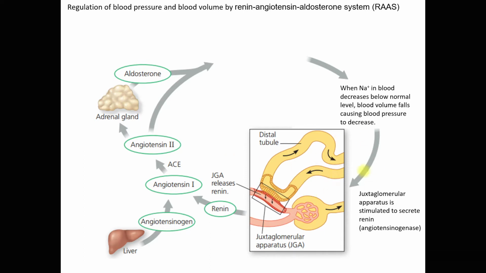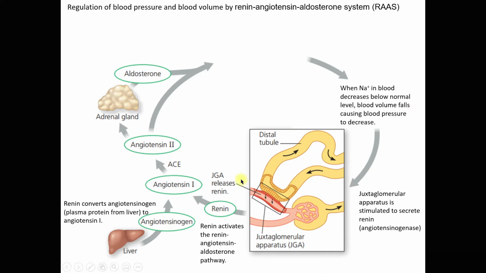This renin is an enzyme, also known as angiotensinogenase. You can see this renin here, which is being secreted by this juxtaglomerular apparatus. This renin will activate this renin angiotensin aldosterone pathway, RAAS.